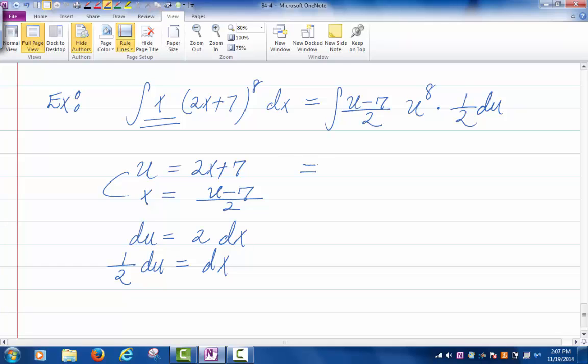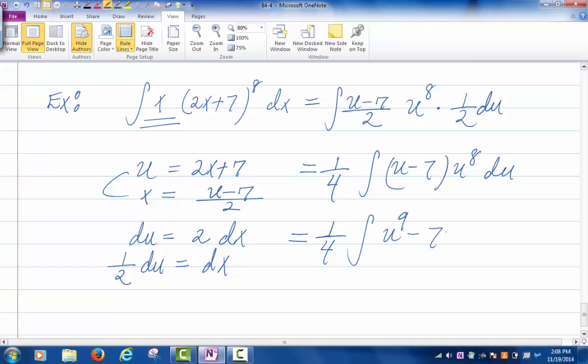And so what I have is a 1/4 inside the integral that can be taken outside, and I have u minus 7 times u to the 8 du, and let's multiply out now, so I get u to the 9 minus 7 u to the 8.